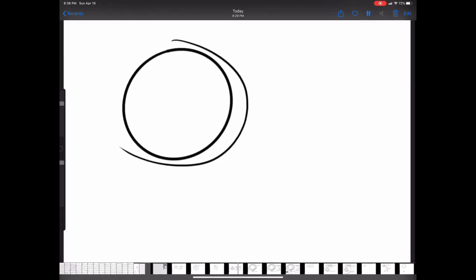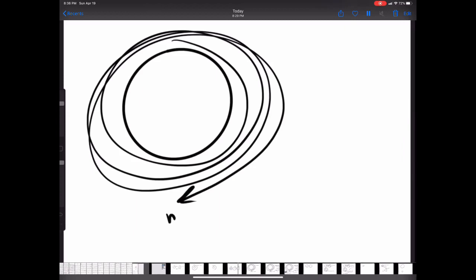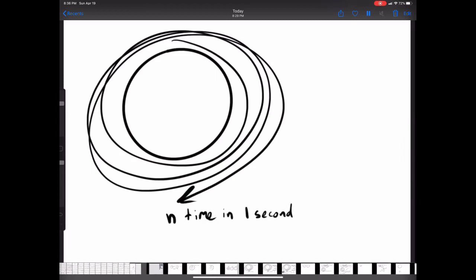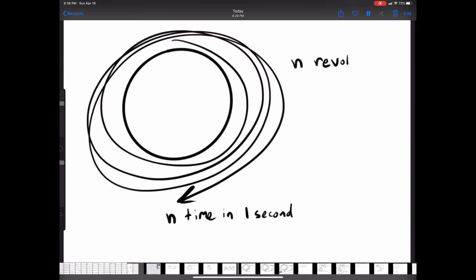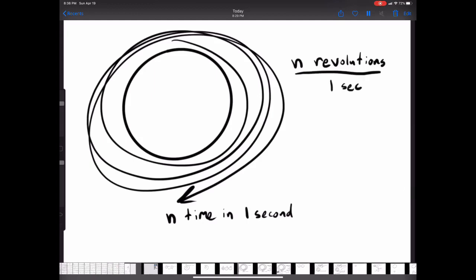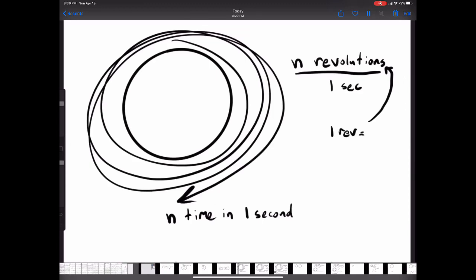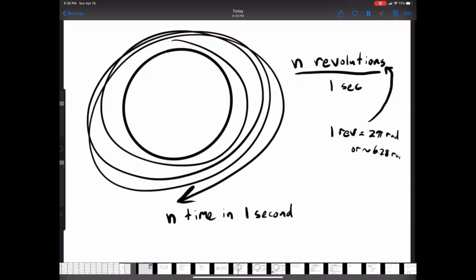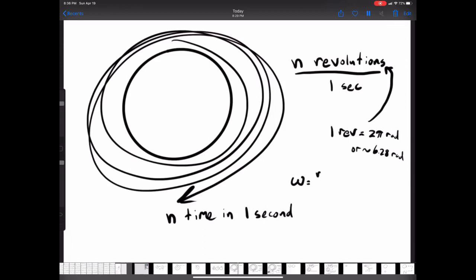Okay, so back to our problem at hand. We know that the tire rotates n times in 1 second. It's not just 1 time, it's n times. We don't really know. So instead of revolutions, we can change it to be 2 pi radians or 6.28 radians, because we know 1 revolution is just 2 pi radians.